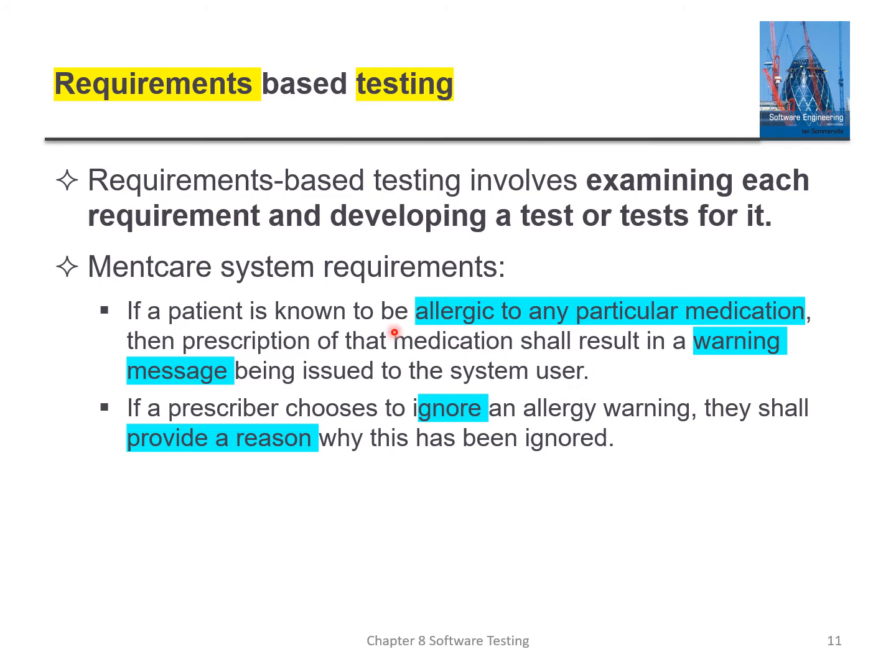So the person in charge of issuing the medicine will see a warning, so that the medication is not given to that patient. If the prescriber chooses to ignore the warning, he or she needs to provide a reason why. That is the description of the requirement.